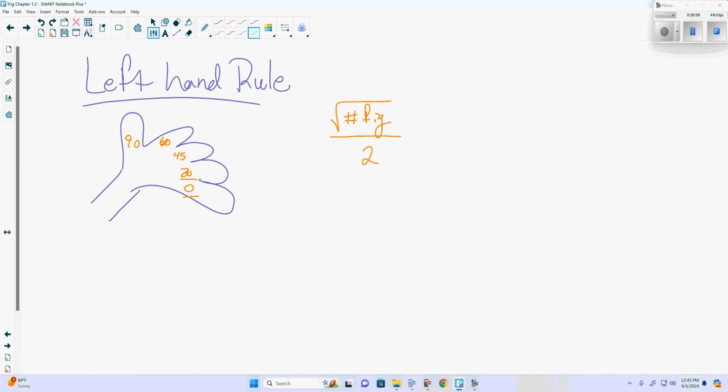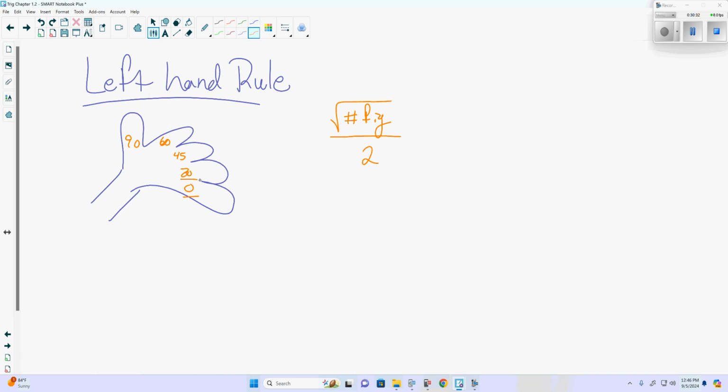Our pointer finger, if we bring it in for 60, we have 1 up. Square root of 1 is 1, so we have 1/2 for cosine. Sine would be square root of 3 over 2. At 90, we have none for cosine, so that's 0. For sine, we have 4. Square root of 4 is 2. 2 over 2 is 1.